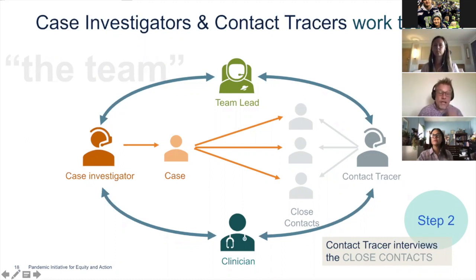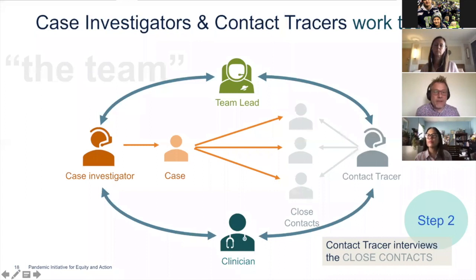So if you reach out to a case and it turns out that it's somebody working in one of the local hotels, you may determine that she has several household members that are her close contacts.